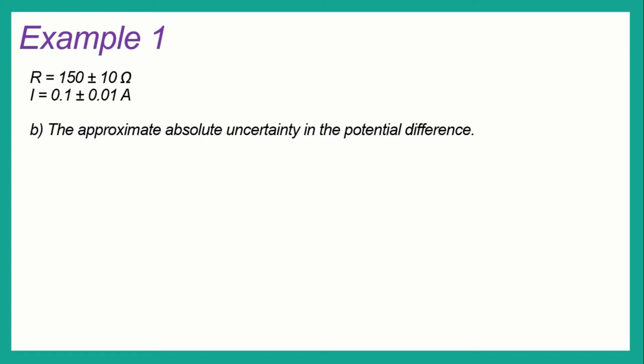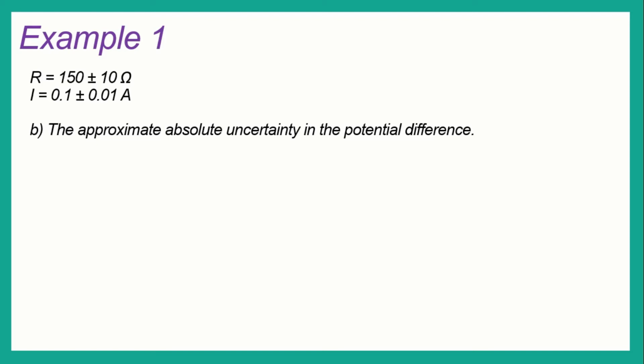To ask if 10 ohms is larger than 0.01 amps is the same as asking if 10 seconds is larger than 20 pounds. We can't simply compare the size of the numbers when they have different units. This is where it becomes important to compare the percentage uncertainties to find an absolute uncertainty in the potential difference.